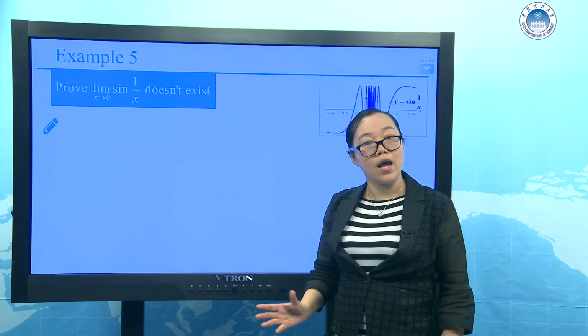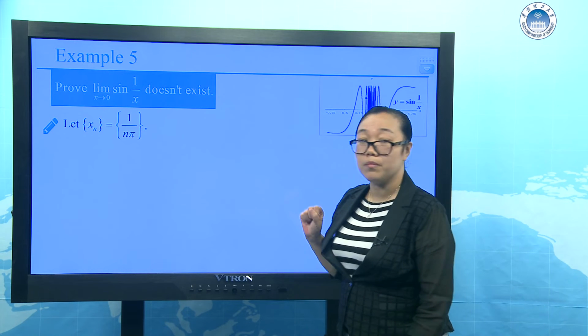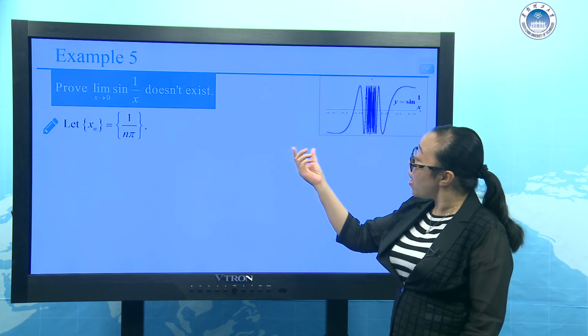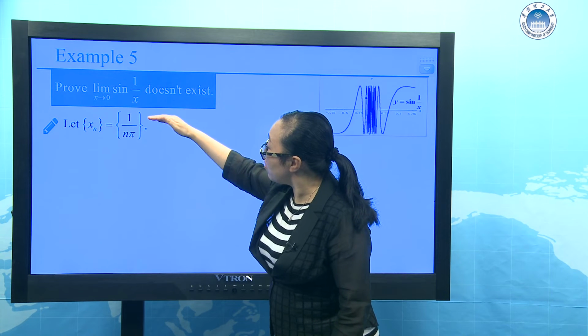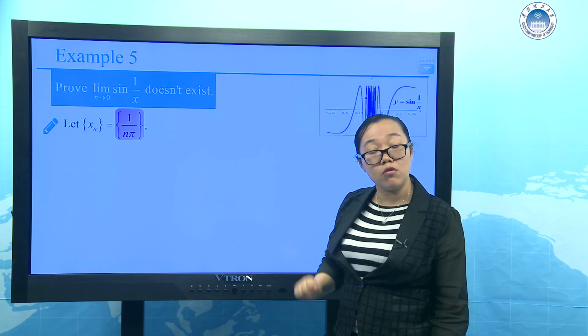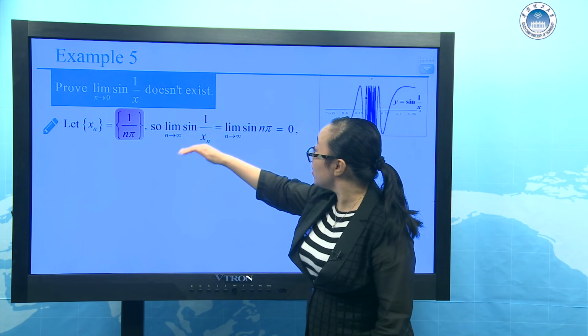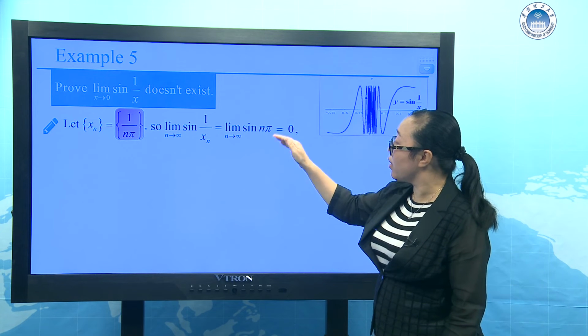So now, the idea gives some thinking process. That means taking some special points. What kind of points? x tends to 0. Taking x_n equals 1 over n pi. Pay attention to this. At this time, the limit of sin 1 over x_n means the limit of sin n pi.